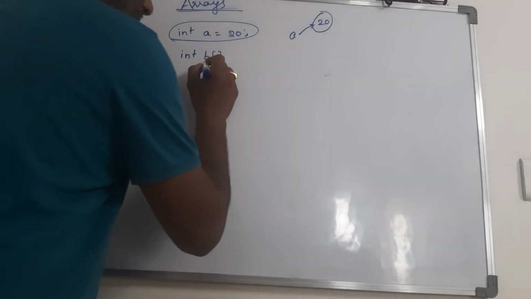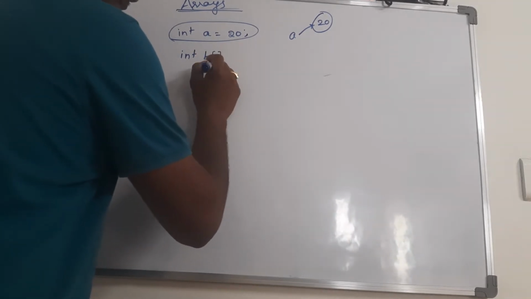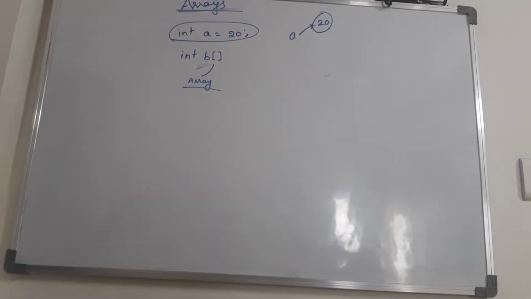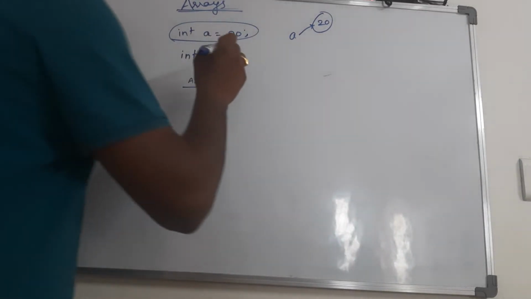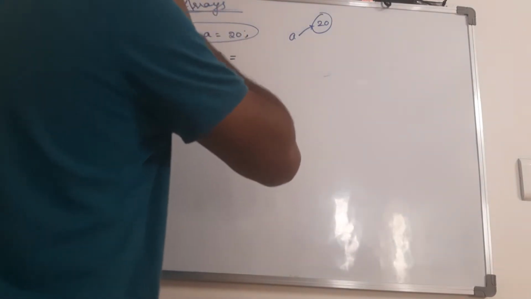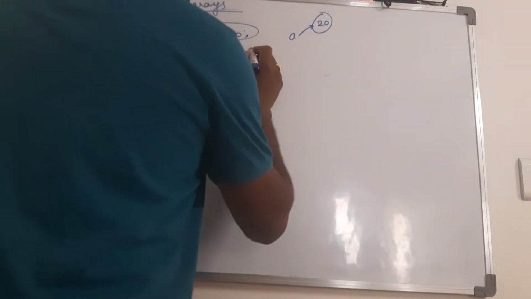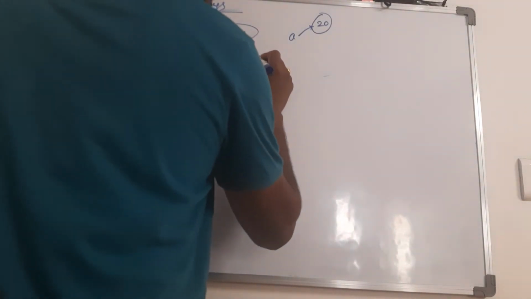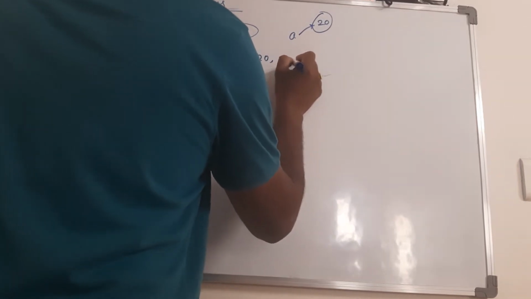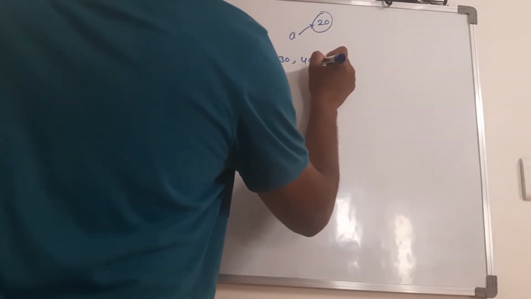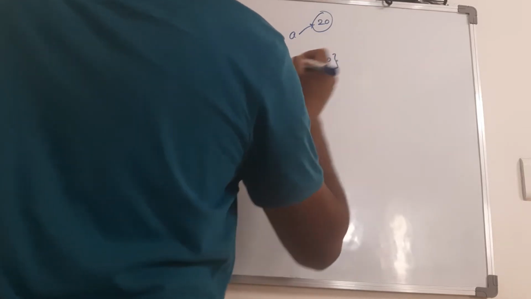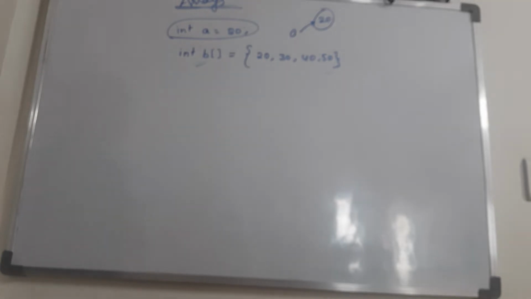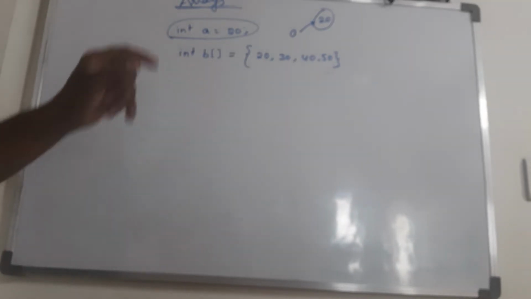This indicates an array. The values we can give like this, within the curly brackets: 20, 30, 40, 50. This is an array. What type of array? This is an integer array.